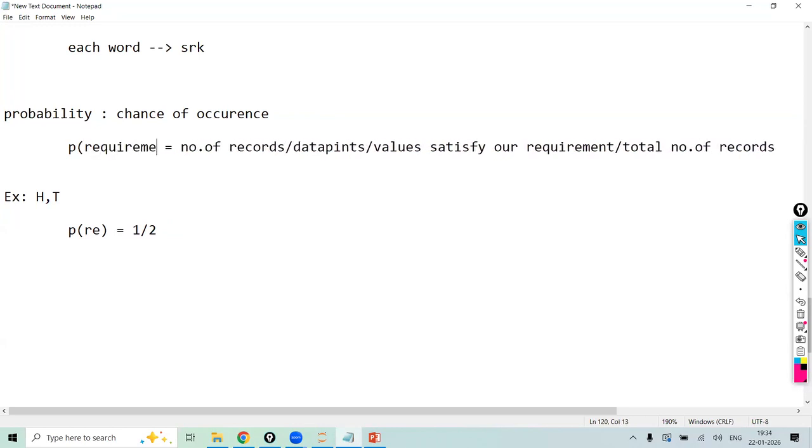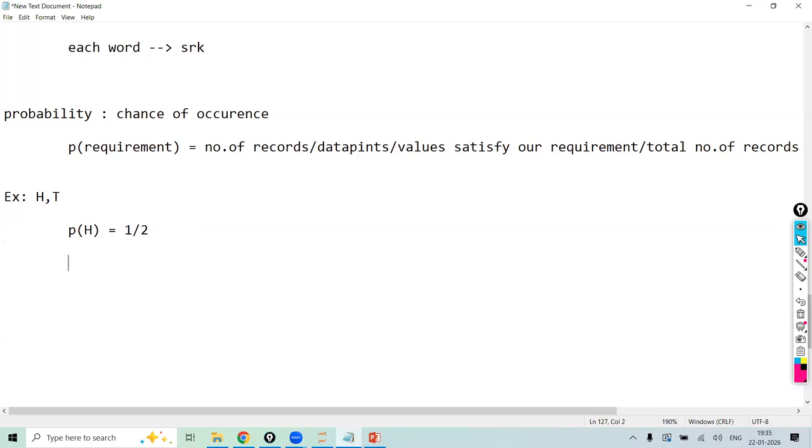So the probability of head is equal to 1 by 2.